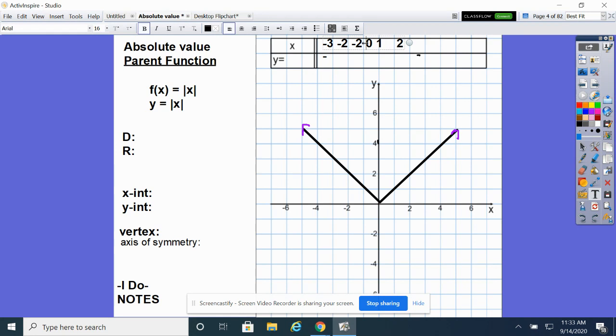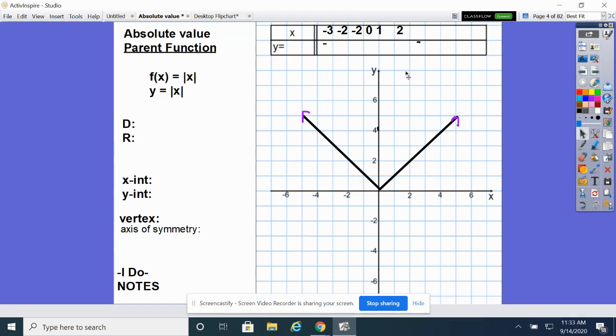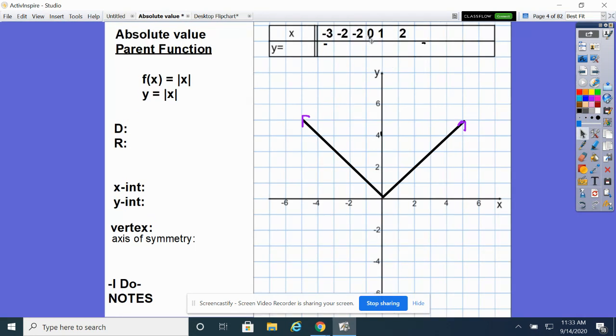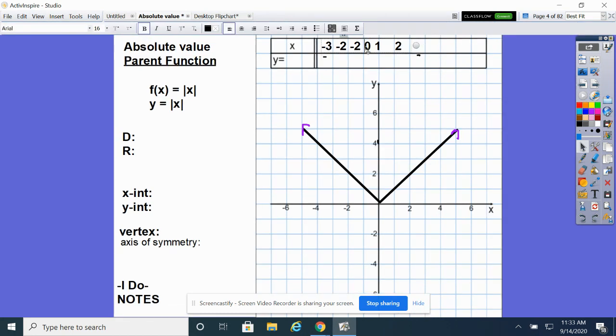Let's see if I can line these numbers up a little better. There we go. I forgot -1, didn't I? Stretch this out. Put 0 there. Okay, I think everybody's where they belong. And let's add a 3 at the end. Let's go -3 all the way to +3.